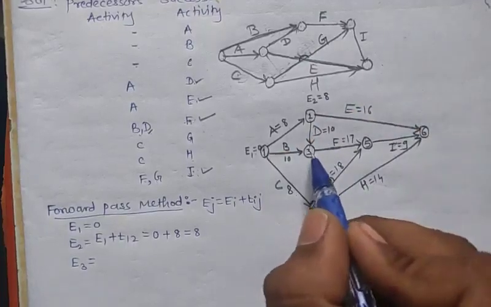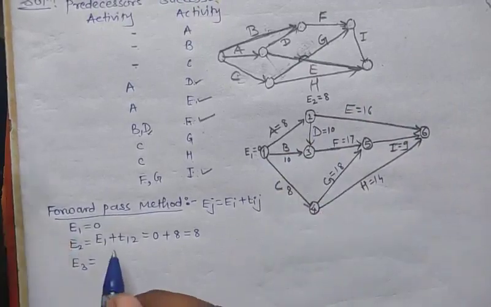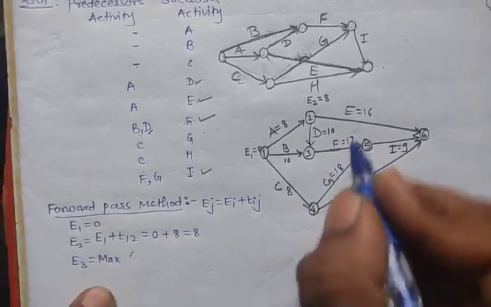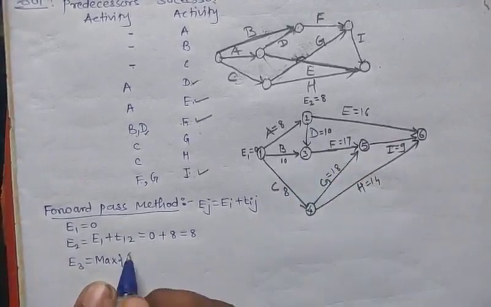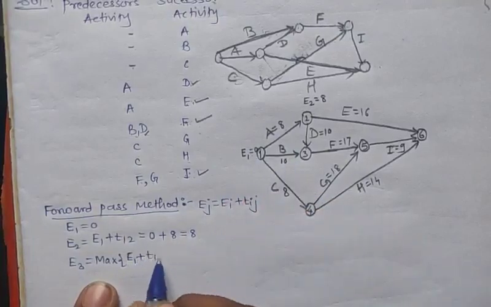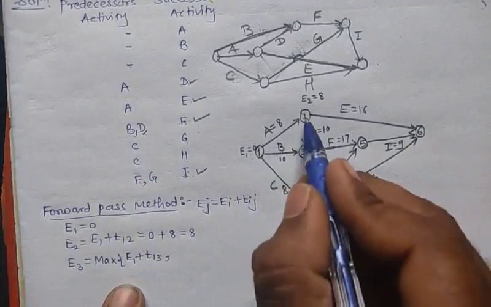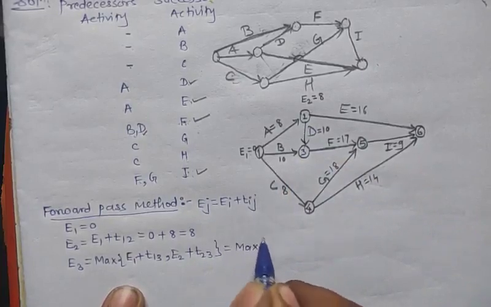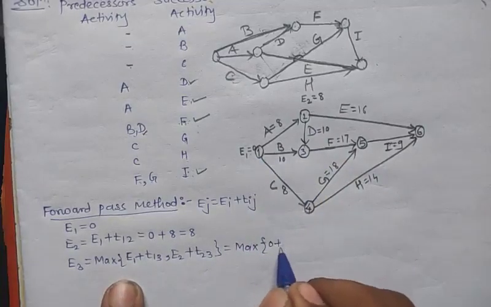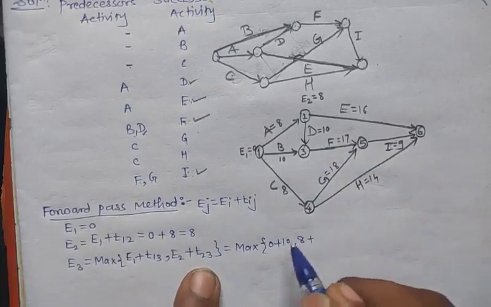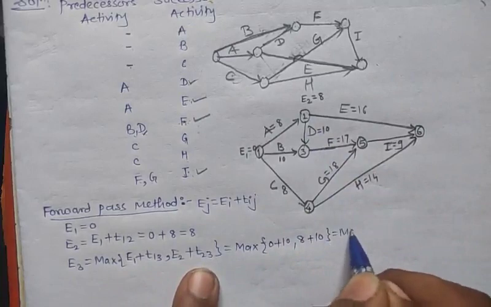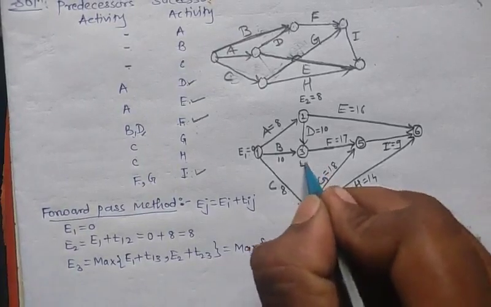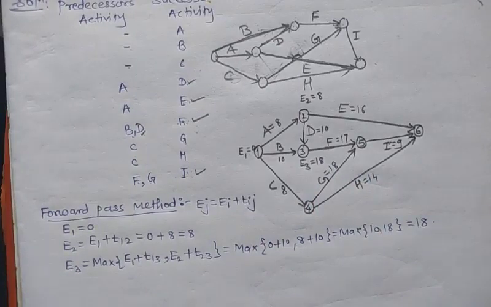So for the E3 event, we take the maximum of E1 plus T13, comma, E2 plus T23. That is the maximum of 0 plus 10 and 8 plus 10, which is the maximum of 10 and 18, which is 18. So E3 has value 18.